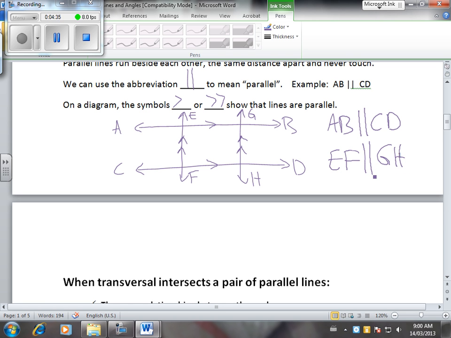The reason why AB and CD have just 1 and EF and GH have 2 is just to denote the fact that AB is parallel to CD, but not to EF and GH. Okay, so it's just to show that those 2 belong together and the 2 vertical lines belong together.